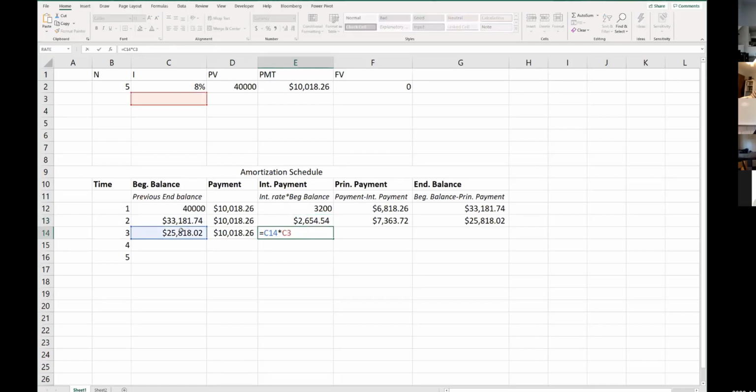If I drag this down, it picks this, which is fine, but it picks the next cell after that. So which one do we have to use absolute referencing for, or which one do we have to bling? We just have to keep C3, very good. We just want the interest to be there. We don't want the interest to move, but we want the beginning balance to move.